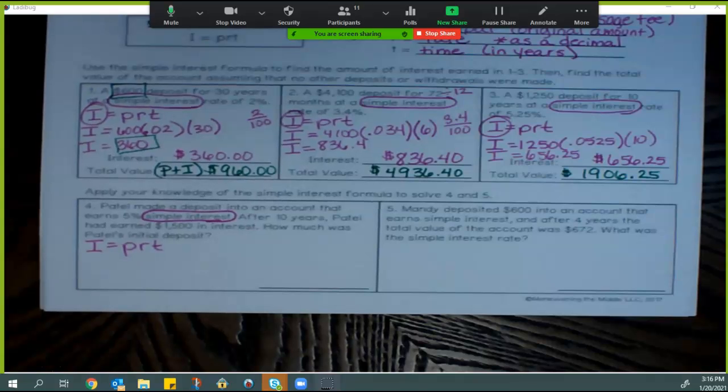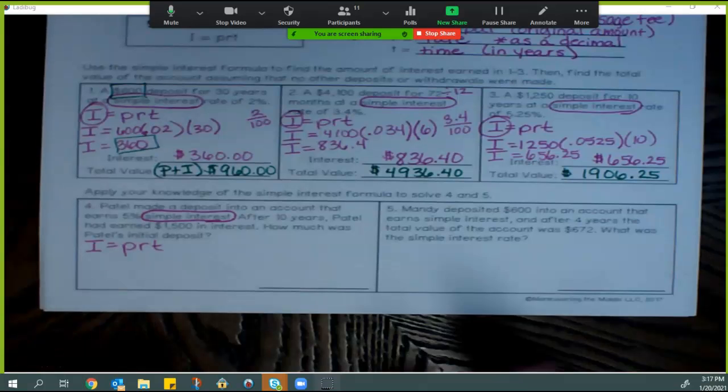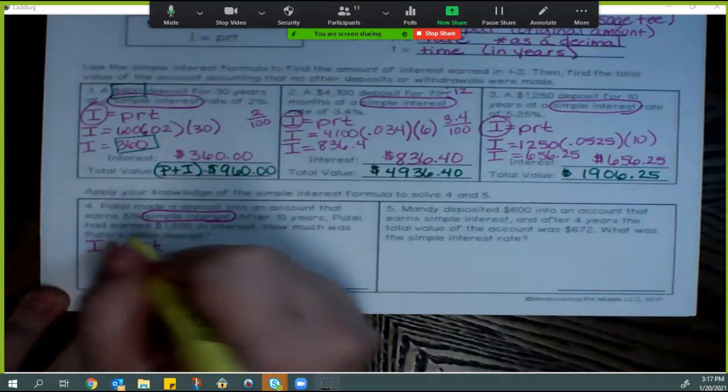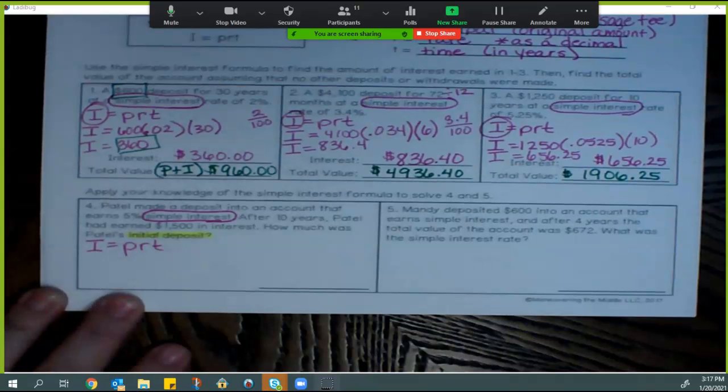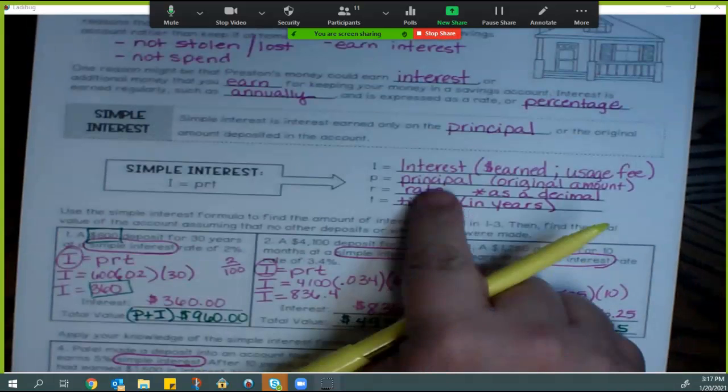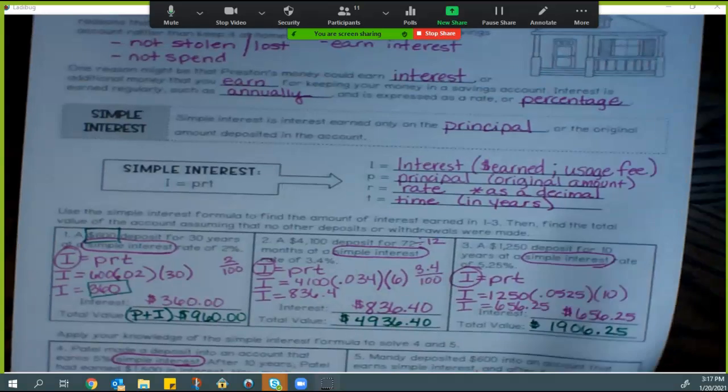But we all kind of took a side when we saw it was asking for something different. What is it asking for? The initial deposit. What letter represents the initial deposit? The P, the principal. Remember principal. Up here, my principal was my original amount.